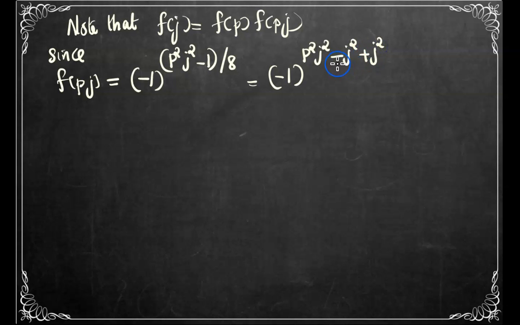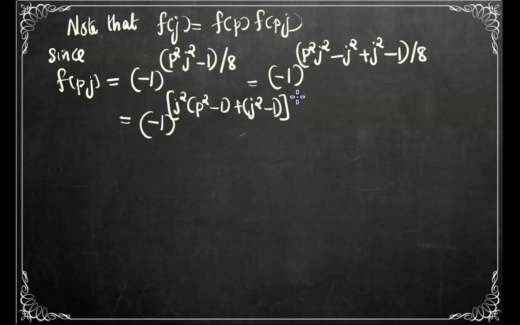I am adding and subtracting j square here so that the value doesn't get changed. Minus 1 is already there. All of this divided by 8 is equal to, grouping these first two terms together, we can write minus 1 raised to j square into p square minus 1 plus j square minus 1 divided by 8.